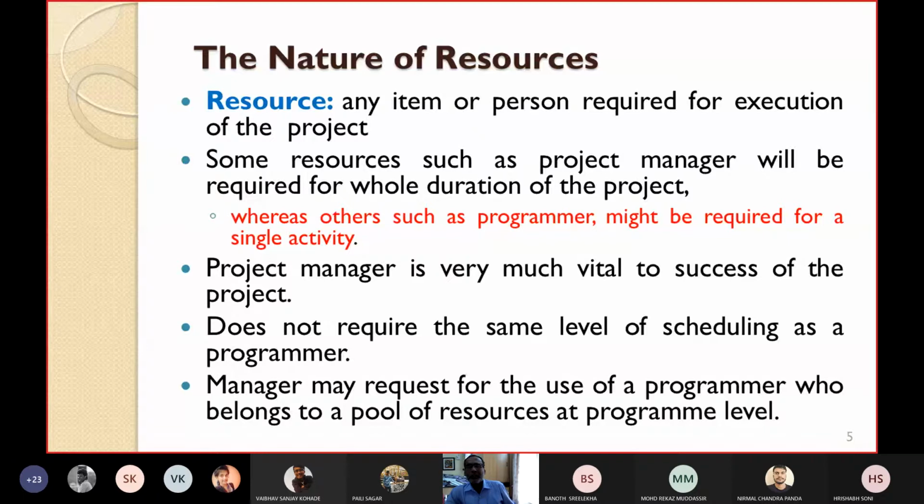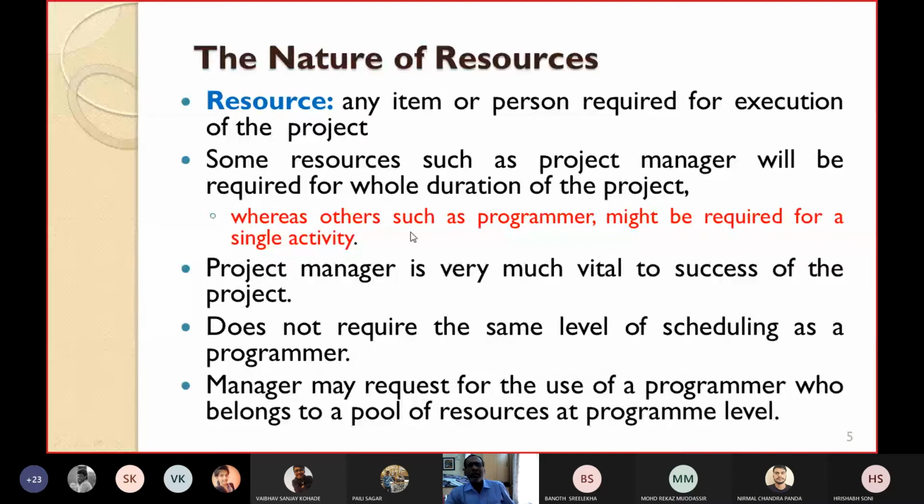There can be different designers like GUI designers, database designers, and the overall project designers. A programmer will be used for the coding activity, and a tester for the testing activity. But some resources, some manpower, like the project manager, will be required for the whole duration of the project, not for a specific activity.